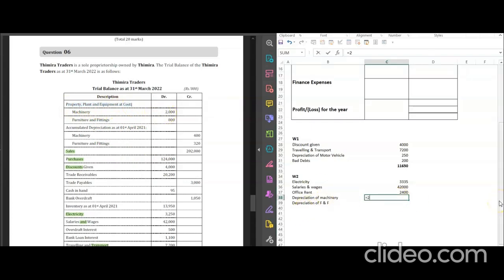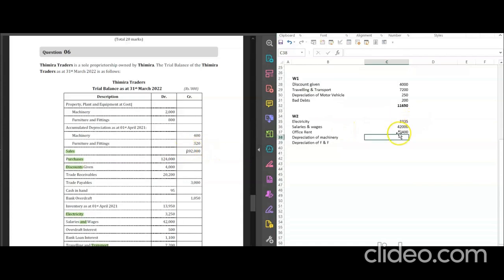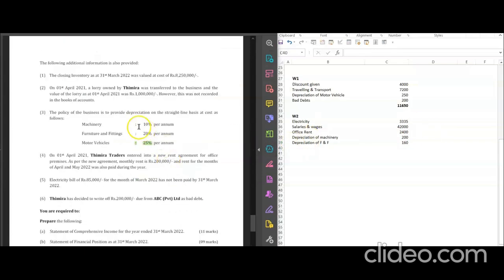So 2,000 into 10%, that is 200, right? Plus depreciation of furniture and fittings is 800 into 20%.